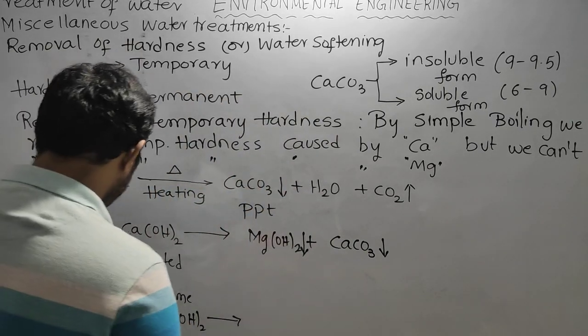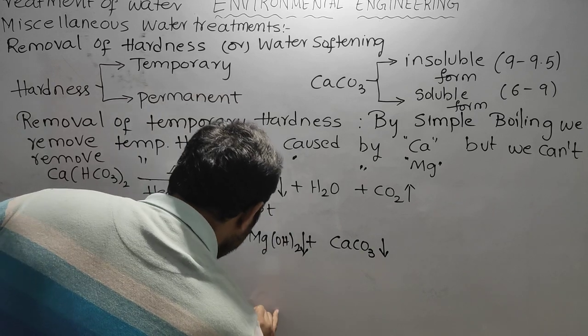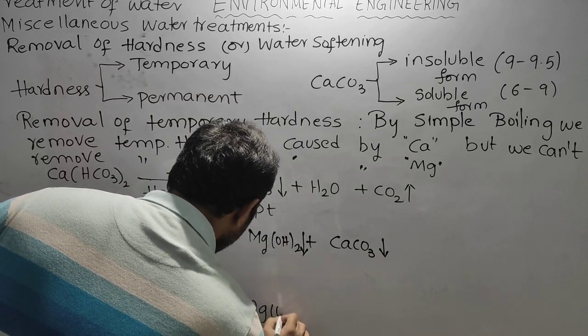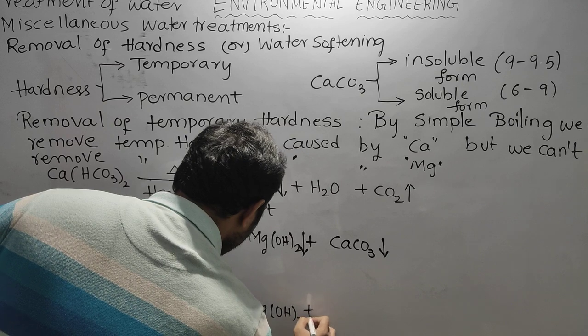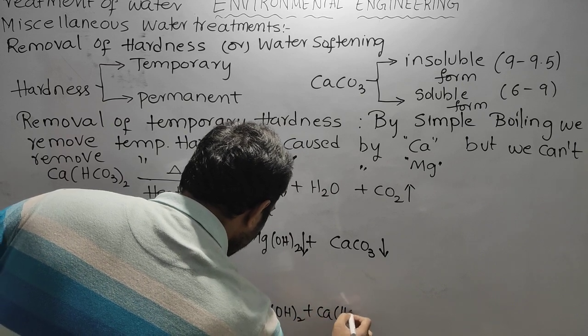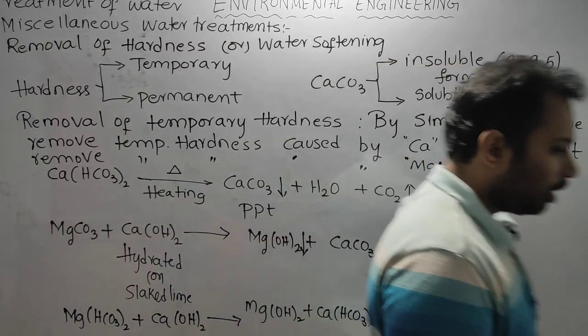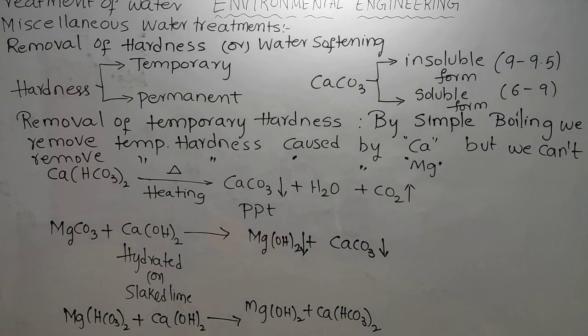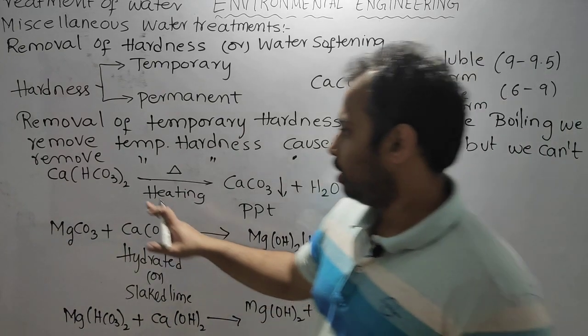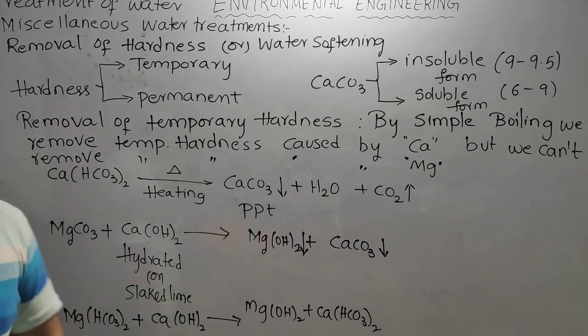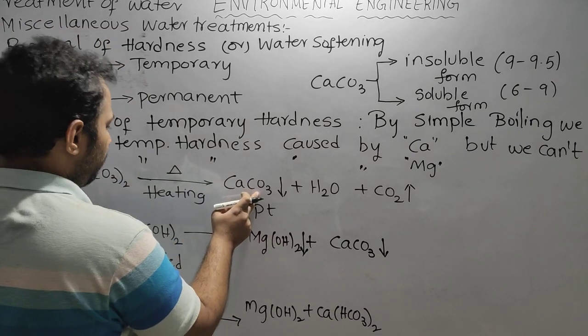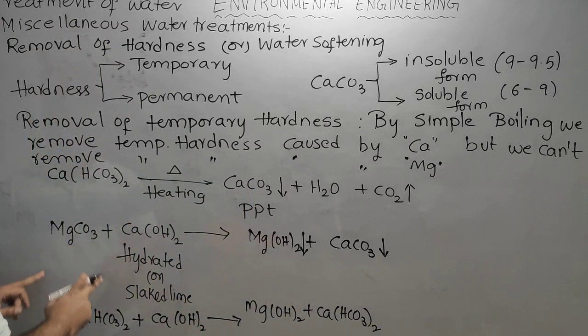It will become Mg(OH)2, so we can remove that bicarbonate easily. This is how we remove the bicarbonate hardness and carbonate hardness of calcium, and the bicarbonate hardness of magnesium. In this manner we remove the temporary hardness.